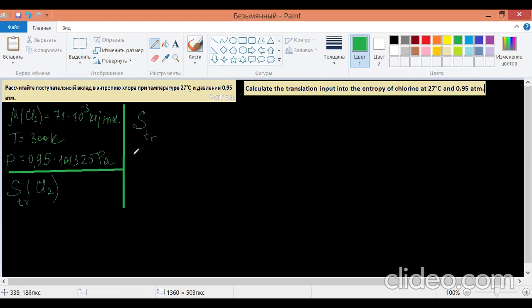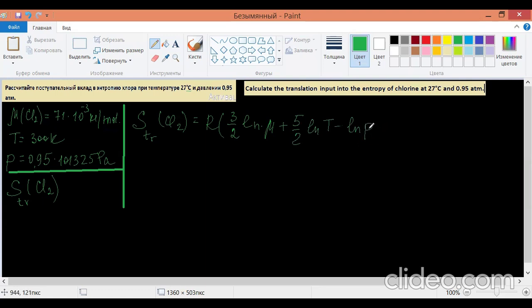S TR stands for translation movement, and is equal to R times 3/2 times natural logarithm of the molar mass of this gas plus 5/2 times natural logarithm of the temperature minus natural logarithm of the pressure.